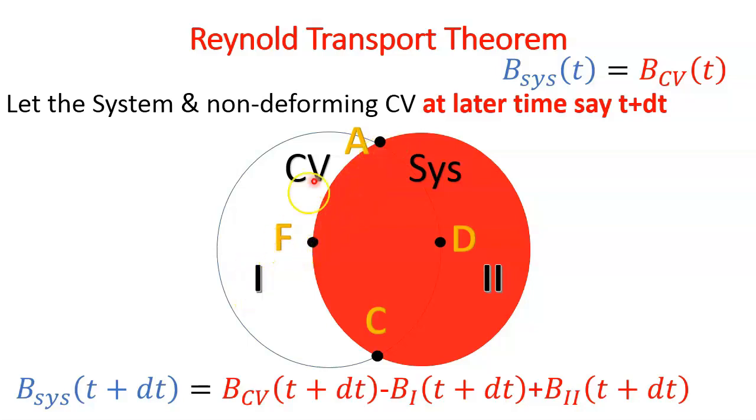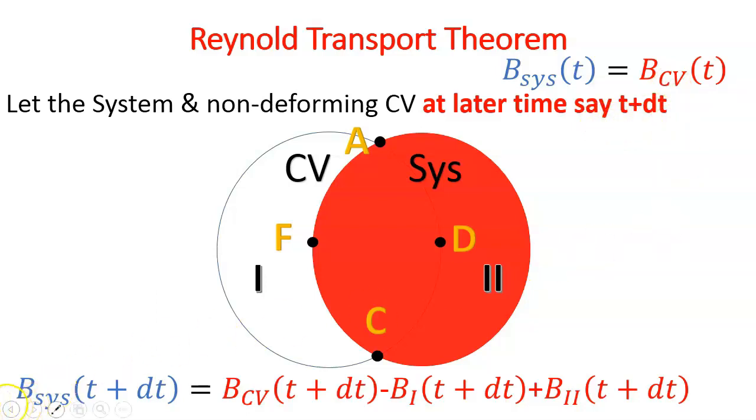Region 1 is a part of control volume, and region 2 is a part of system, and we have to account for this to write the equation for B system and B CV at the advanced time t plus dt.